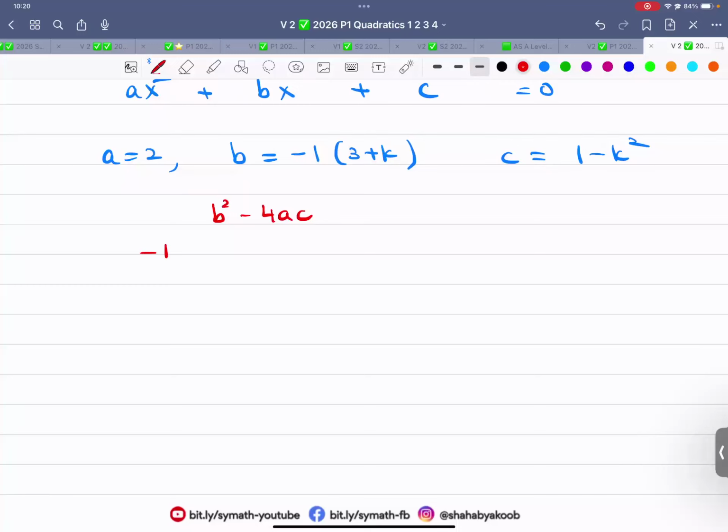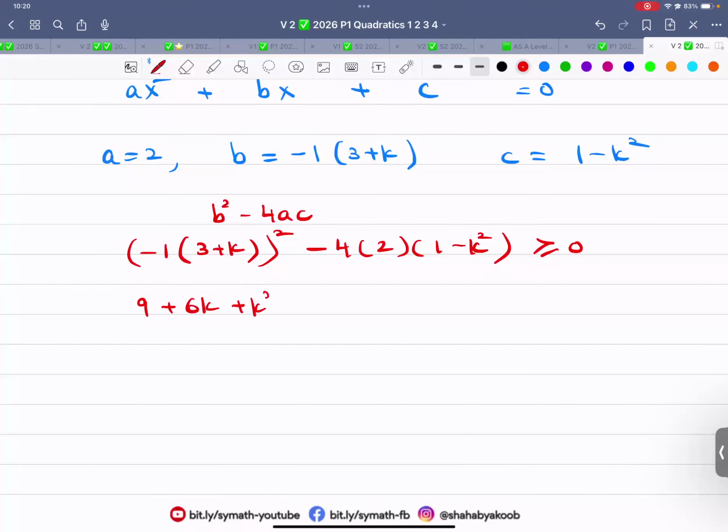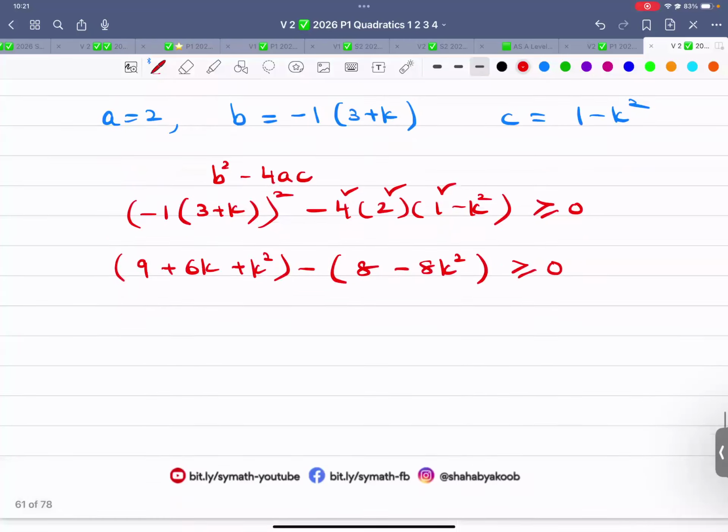So this is minus (3 plus k), the whole thing squared, minus 4 into 2 into (1 minus k squared), greater than or equal to 0. So minus 1 squared becomes positive. This is 9 plus 6k plus k squared minus 4 into 2 into 1. That is 8. The minus is already on the outside. 4 into 2 is 8 minus k squared is greater than or equal to 0.